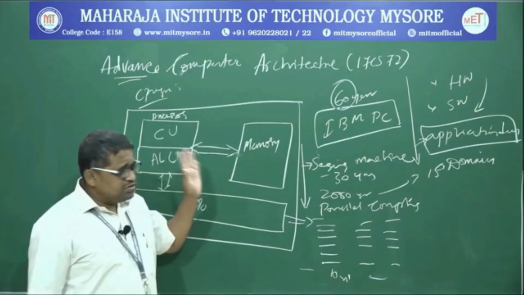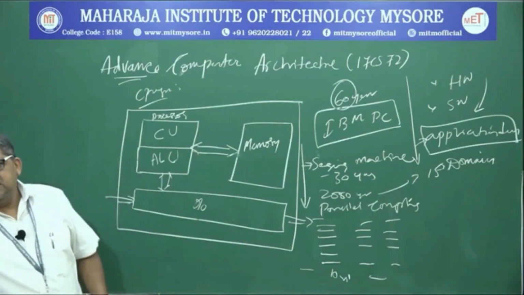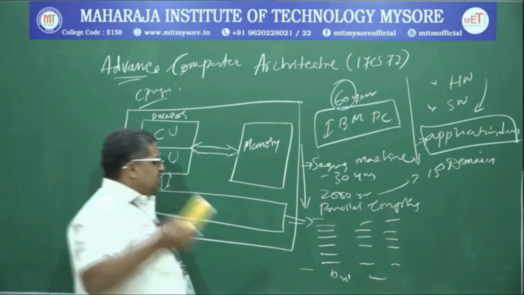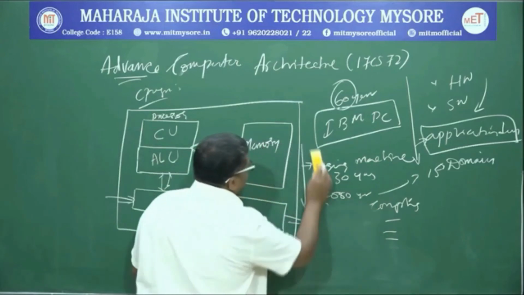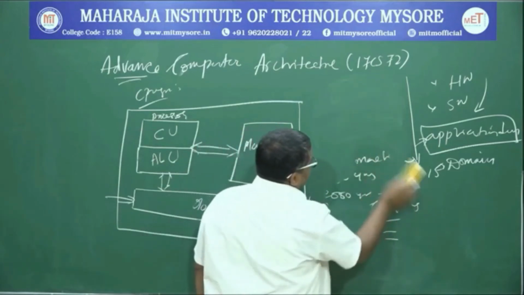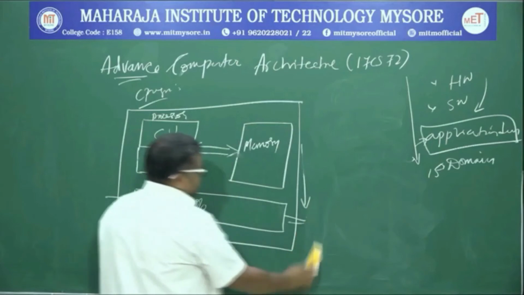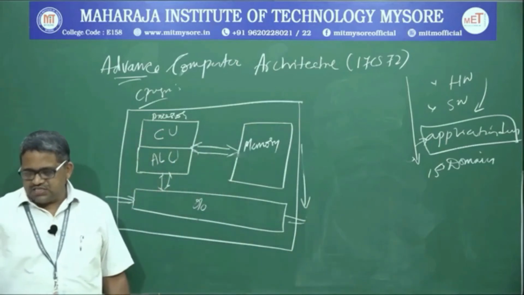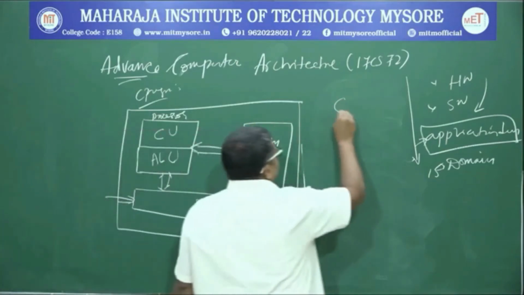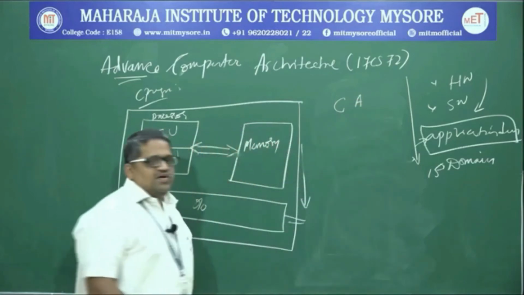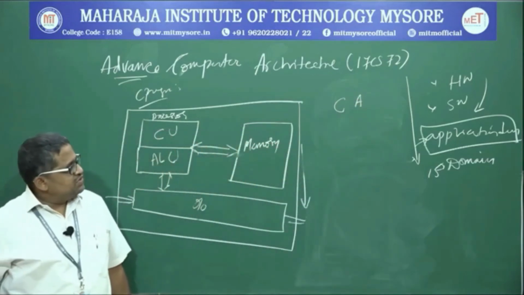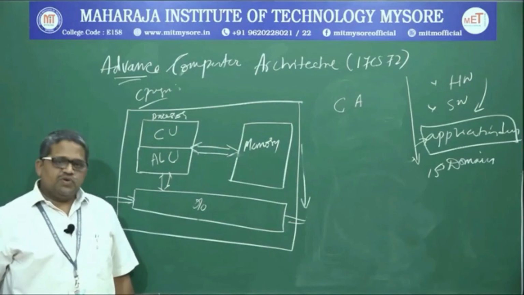Now, if you want to go through this course, there is a prerequisite that needs to be understood. The prerequisite is, if you want this ACA to be understood properly, you should understand the concepts of computer architecture. Now, I believe for our students we do not have a course on computer architecture, but no problem.